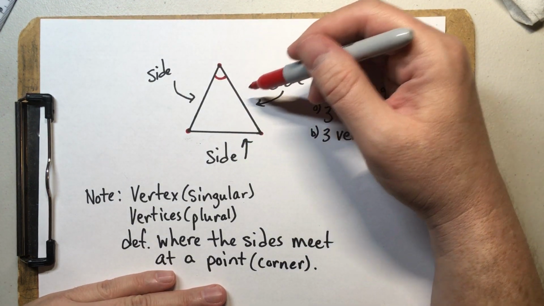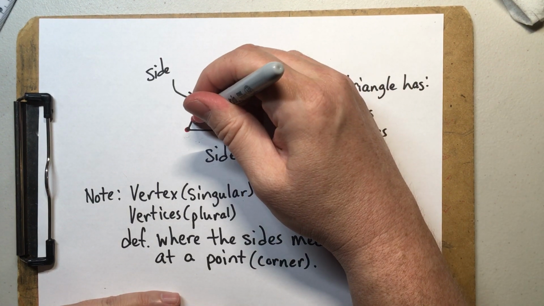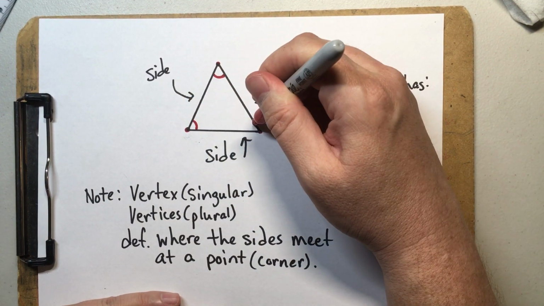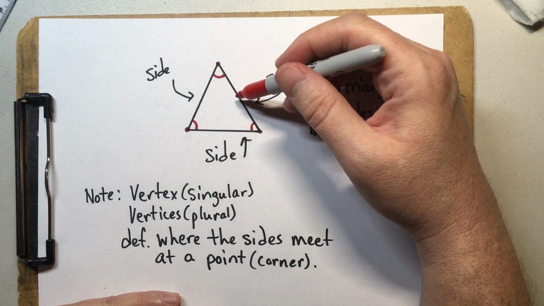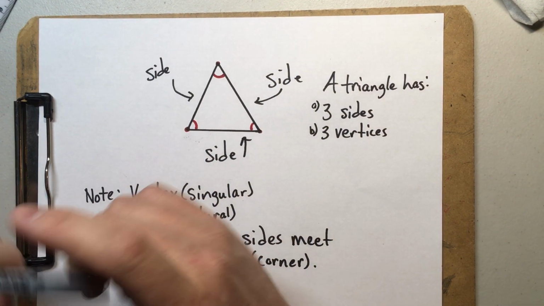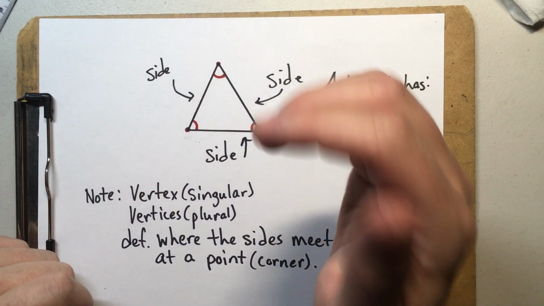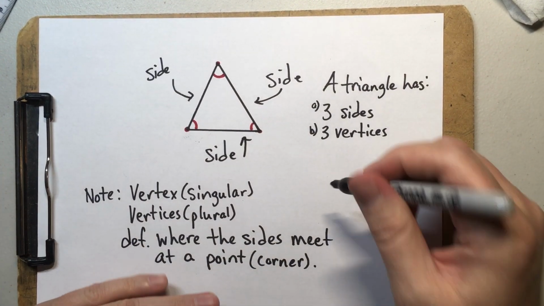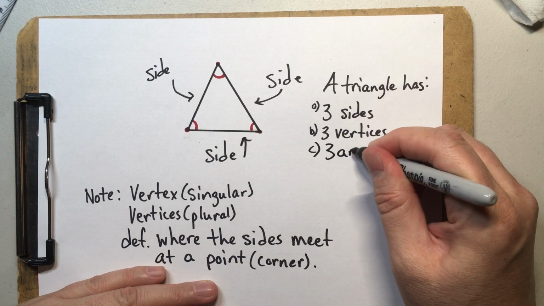I will show you how to measure angles, but for now, I think it's best if we just understand that there's three of them inside of the triangle. They're called interior angles, but for now we're just going to understand that there's three of them. Three angles.